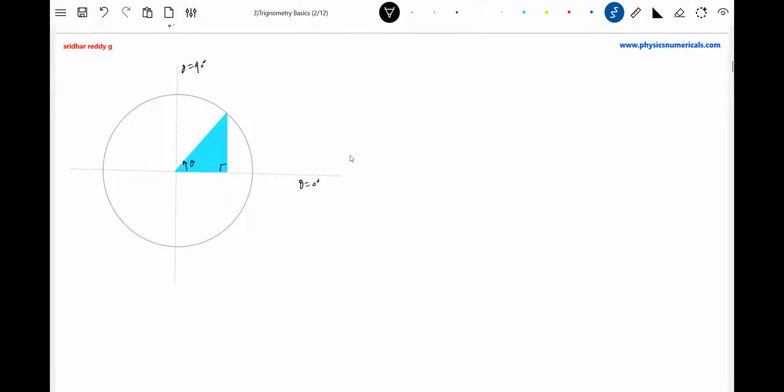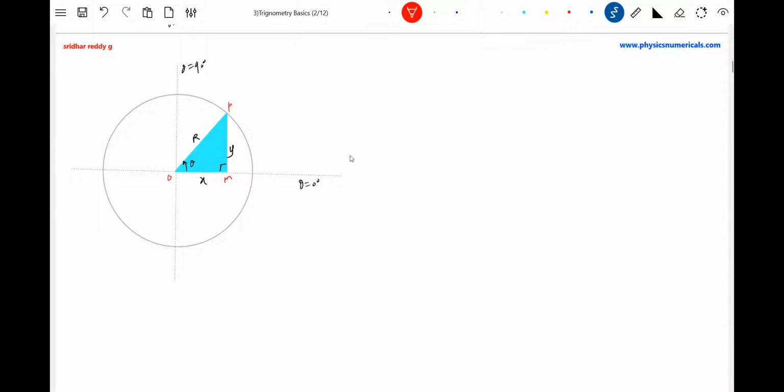This is what you call X. This is Y, and this we call R. So Y is the height of the triangle. And how is that height of the triangle related to the radius and theta? Very simple. We'll take the help of sine theta. I think these are the symbols we defined here.